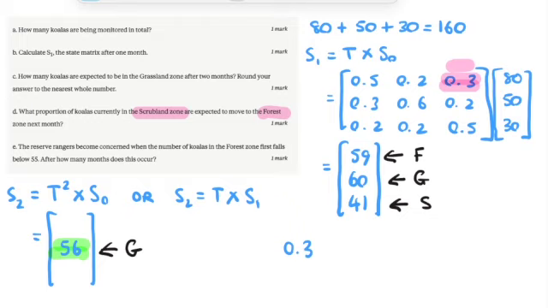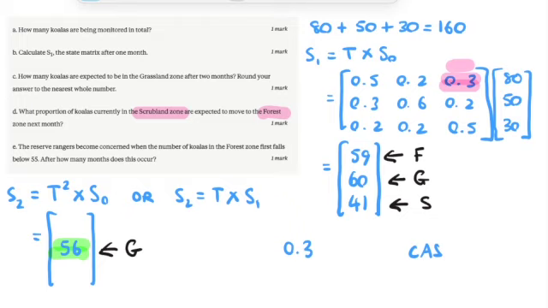And then lastly, the reserve rangers become concerned when the number of koalas in the forest zone first falls below 55. After how many months does this occur? Well, this one is a CAS question. So what we would do is we would just keep applying our T matrix until we get to 55 or below 55 in our first row.